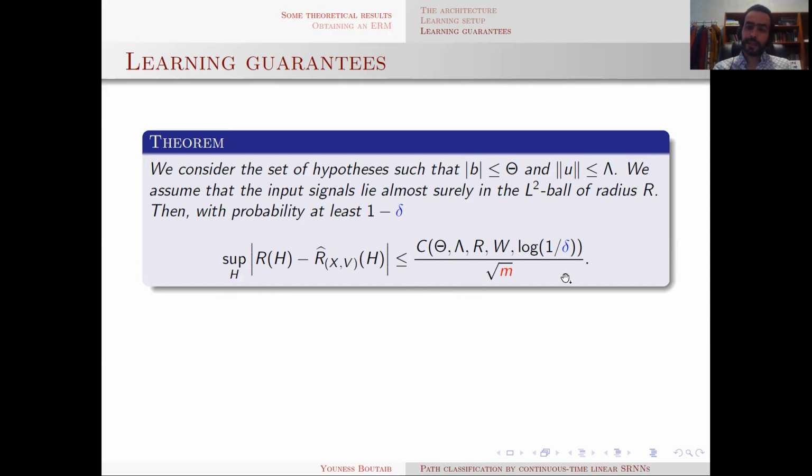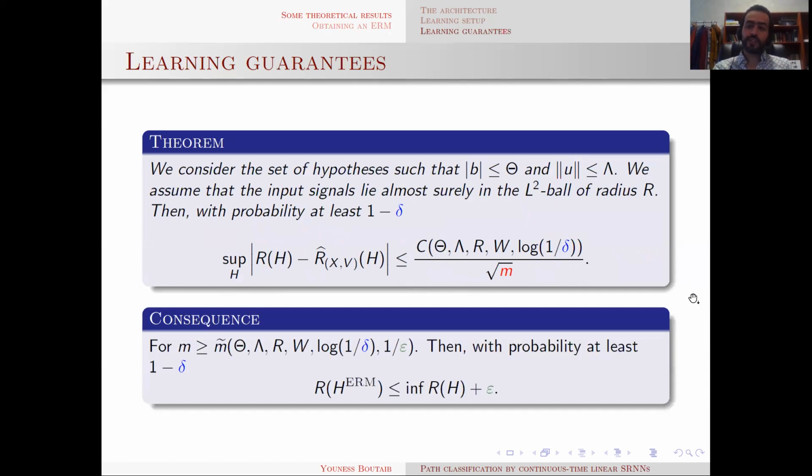And this constant C is also explicit and can be very well interpreted. One consequence of such theorems is that the empirical risk minimizer is the best in class with high probability.